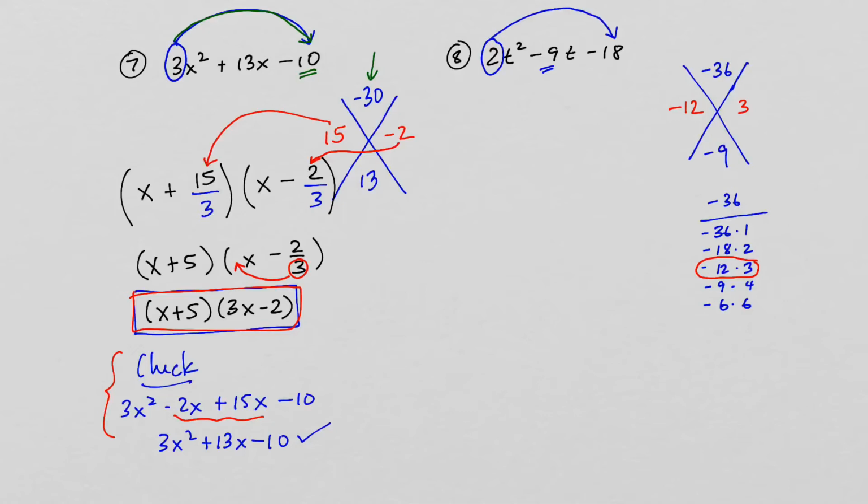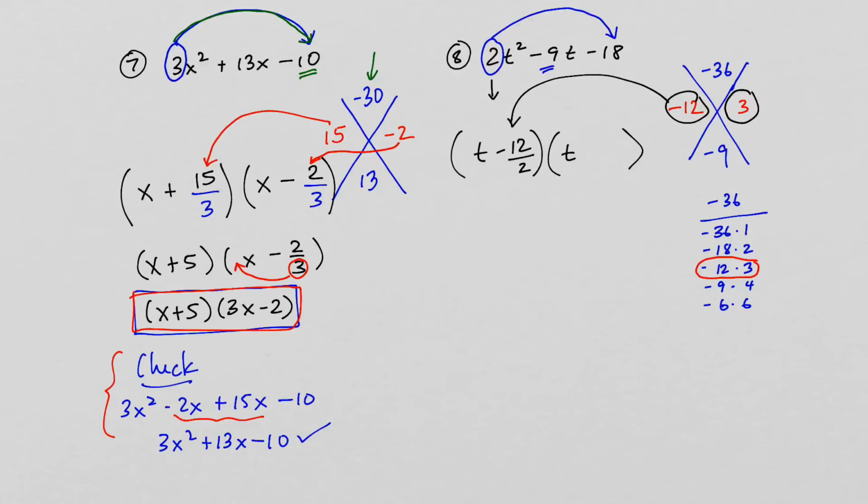So now we're ready to go ahead and factor. What I'm going to do is create two sets of parentheses, and we're going to have a t here and a t here. The variable is t in this problem. And then the negative 12, I'm going to bring that over, negative 12, but I need to divide that by this leading coefficient.